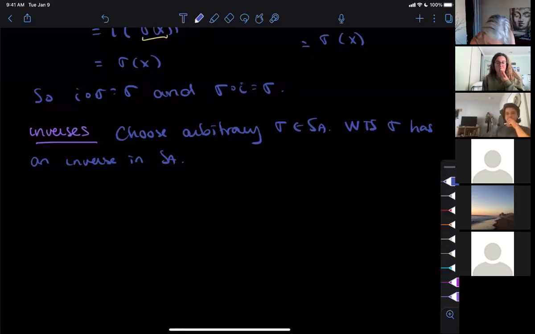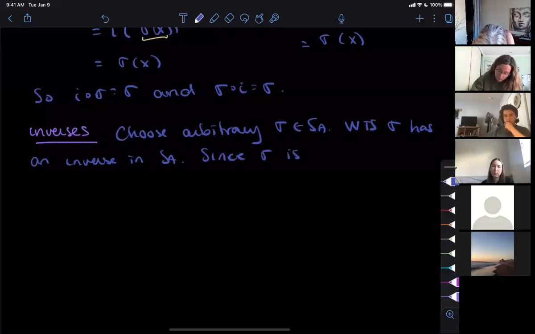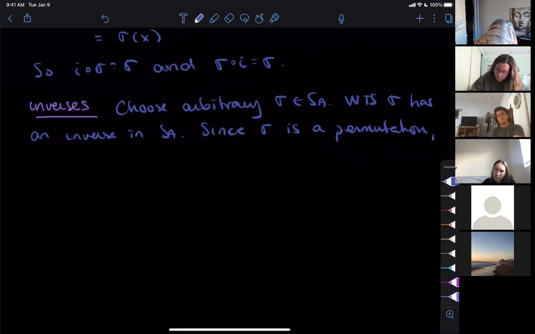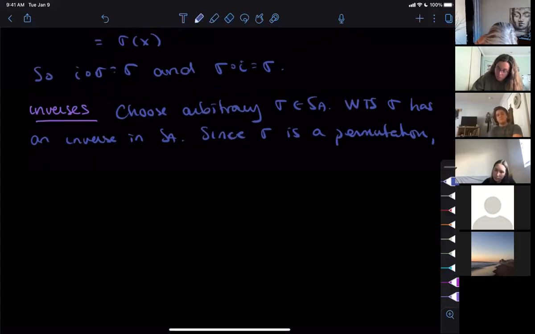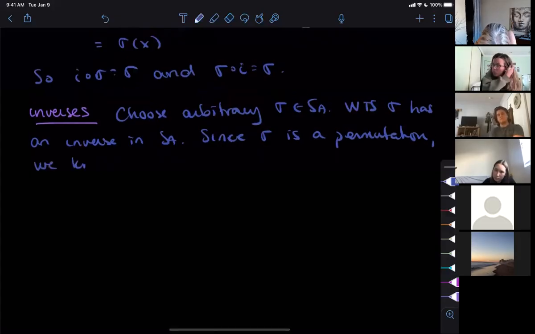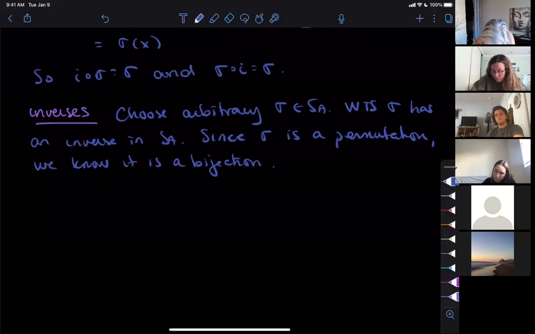So excellent. We want to show it has an inverse in A, but since sigma is already a permutation, we know it is one-to-one and onto. We know it's a bijection, and therefore it has an inverse.